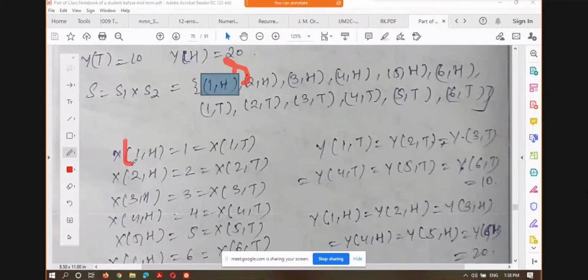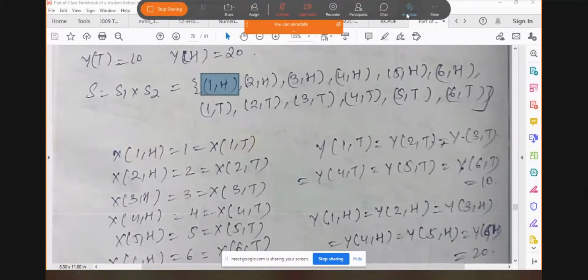The random variable X takes this sample point to the face value, as in the earlier definition. Whether it is h or t, X takes it to 1. Similarly, 2h and 2t both go to 2, and 3h and 3t both go to 3. Like this we continue.